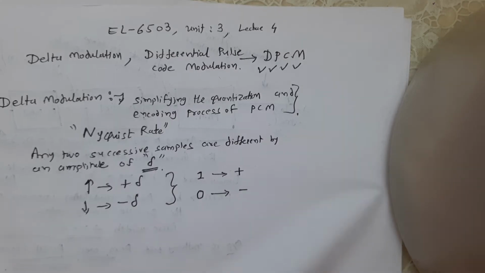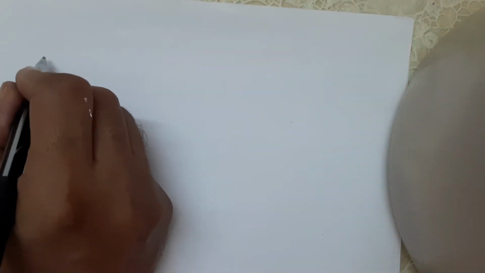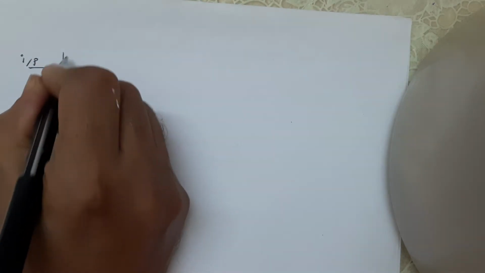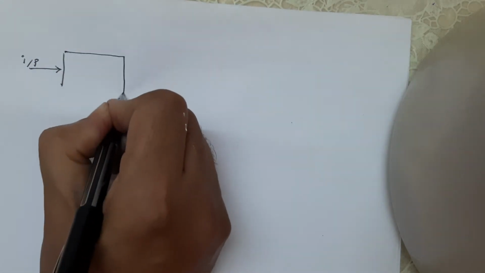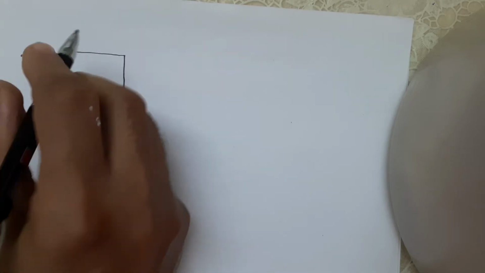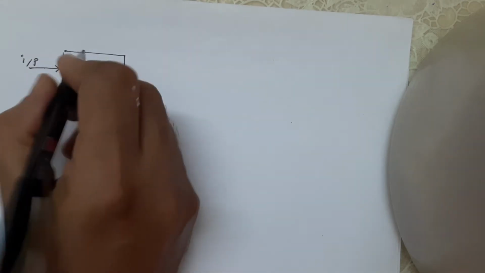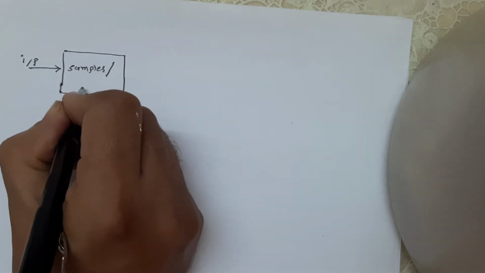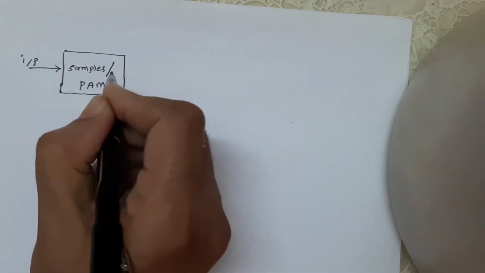Now we are discussing the block diagram of the generation of delta modulation. The input signal is given to the first block, which is your sampler or pulse amplitude modulation.